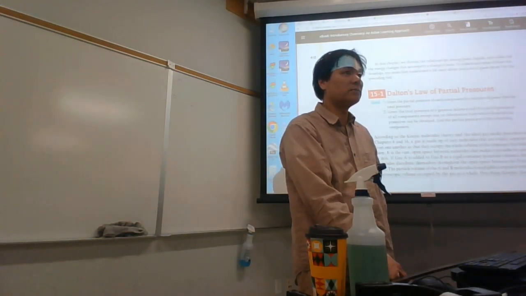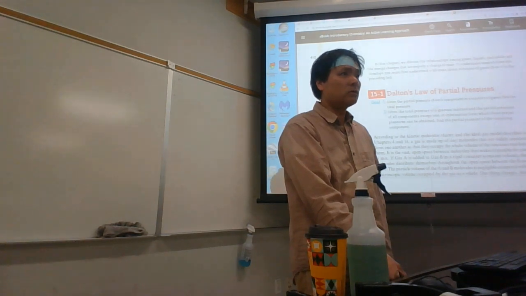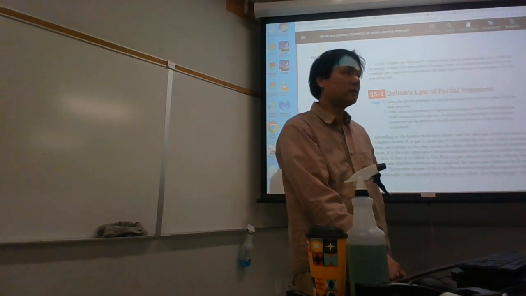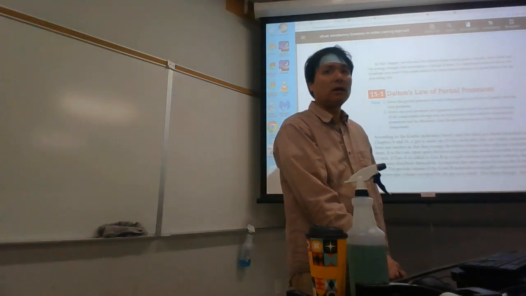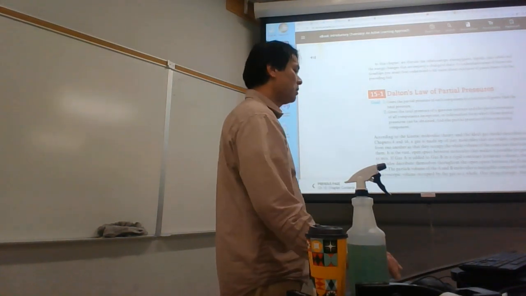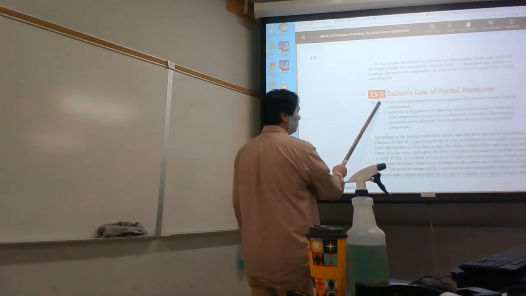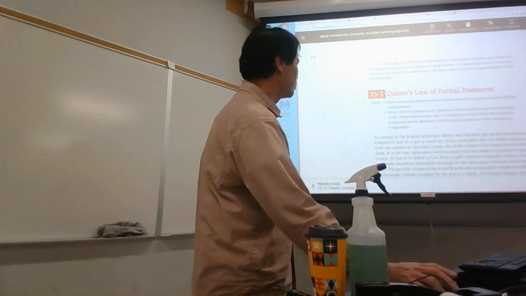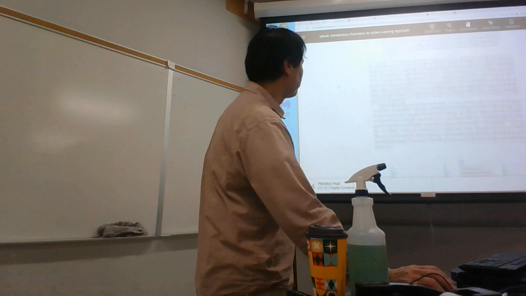We could visualize the mixture in terms of something called a mole fraction, or Avogadro's law and Dalton's law. So Dalton's law is talked about in chapter 15. Dalton's law deals with gas mixtures as well.